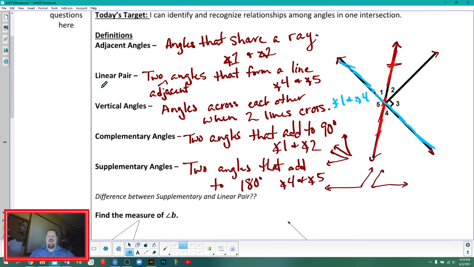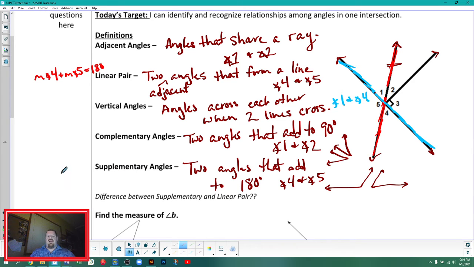A linear pair, because angles 4 and 5 are a linear pair, the measure of angle 4, and we denote that by m angle 4, plus the measure of angle 5 equals 180. So two angles that form a straight line equal 180 degrees when you add them together.